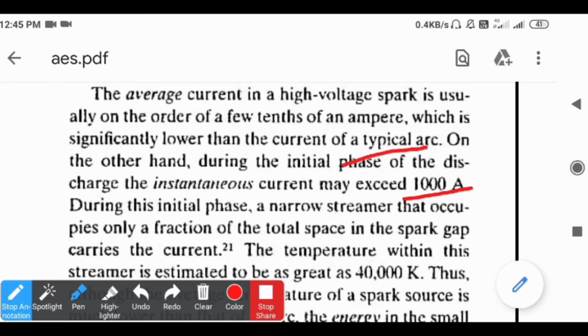In arc sources we get a current of around 30 ampere for a longer duration, but in spark sources we get an instantaneous current which may exceed 1000 ampere, but for a shorter duration. During this initial period a narrow streamer occurs for only a fraction of time in the spark gap.